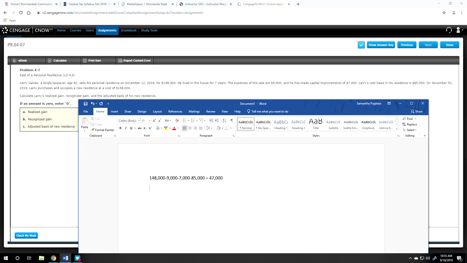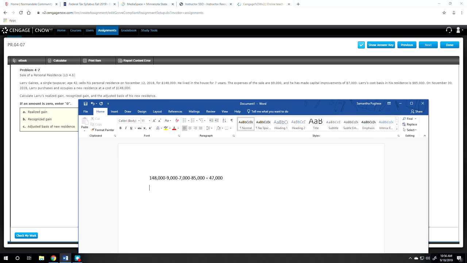Now let's look at what is his recognized gain. So the IRS has this rule that if it is his personal residence and he hasn't claimed an exclusion on a personal residence in a specific amount of time, that sometimes the IRS changes, single people get to exclude up to $250,000 gain from the sale of a personal residence.